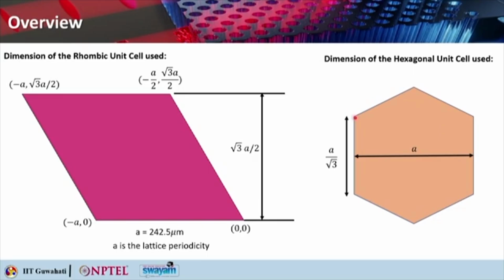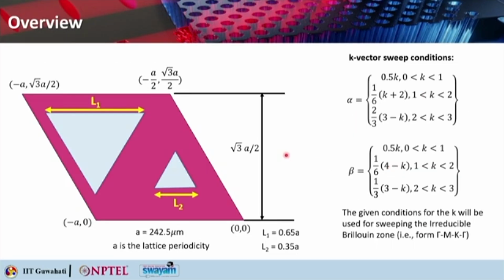Then you rotate the horizontal rectangle by minus 120 degrees, you get this particular rectangle. When you add up all these three rectangles, you basically get this hexagonal unit cell.